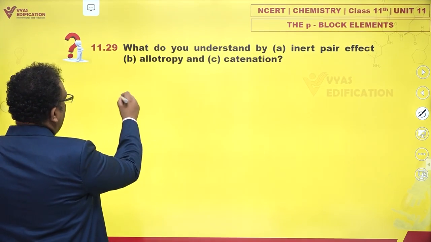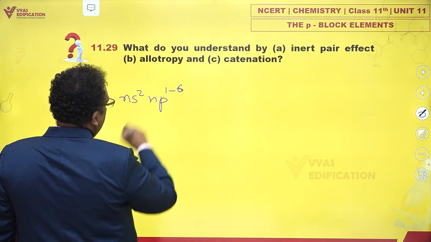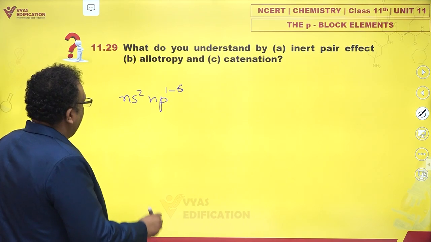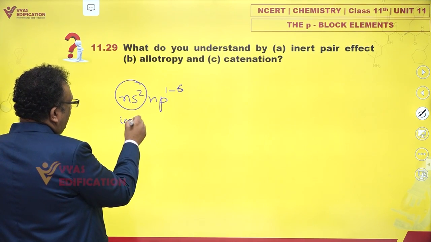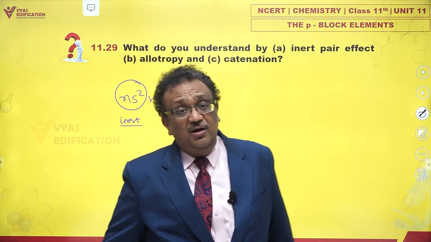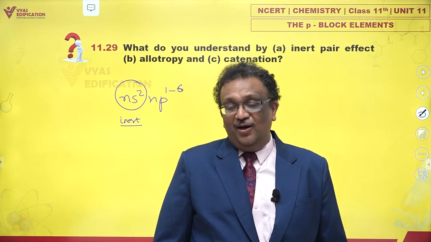That means ns2 np1 to 6. This is typically a p block configuration. In this, ns2 tends to become inert. This pair of electrons tends to become relatively more inert on moving down the group, and this phenomenon is called inert pair effect.